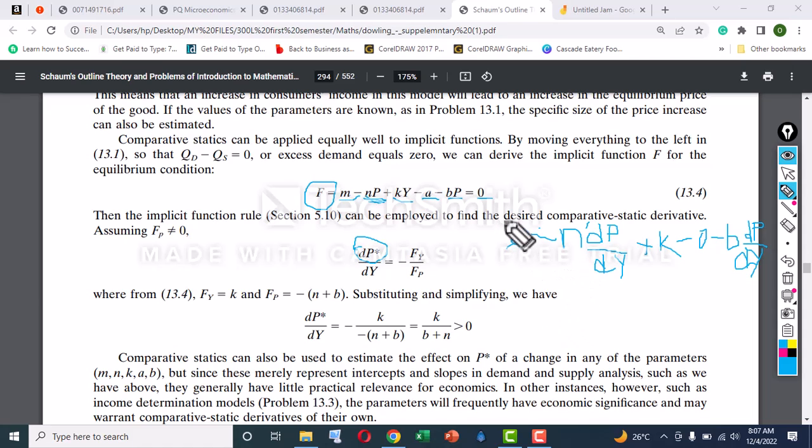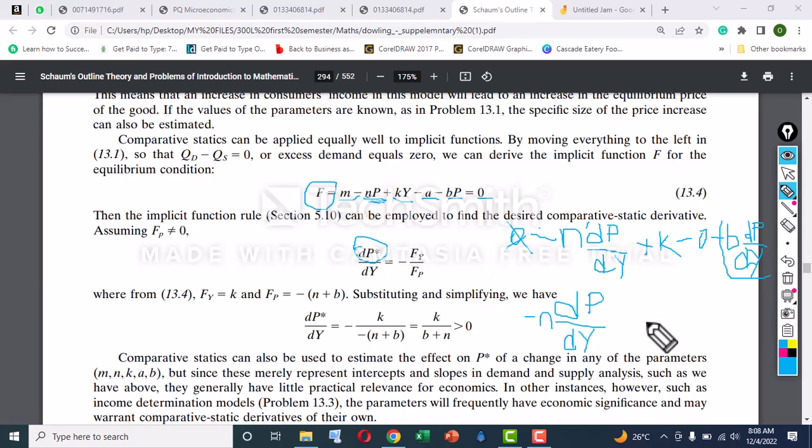So now we have minus n dp dy minus b dp dy, then plus k. I want to collect like terms, this minus n dp dy and minus b dp dy.